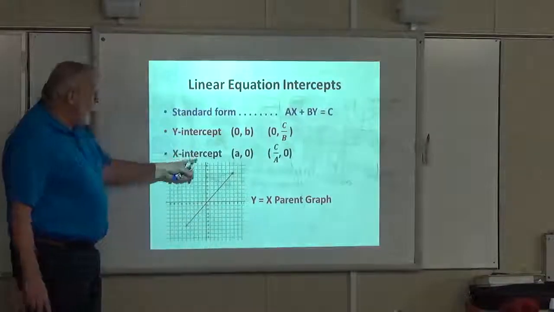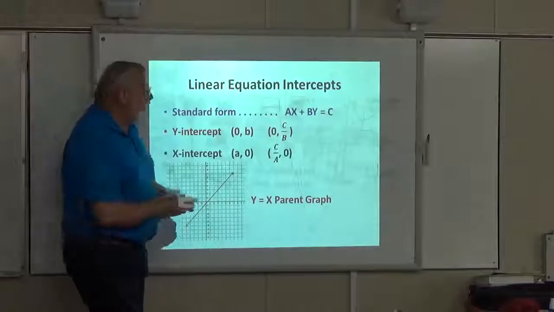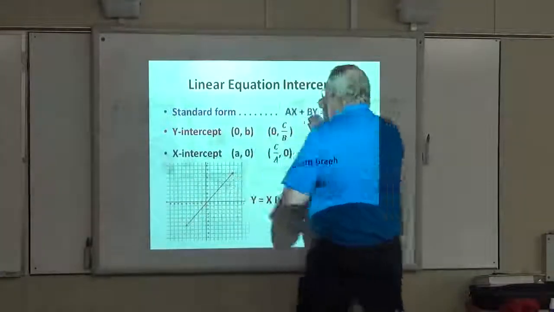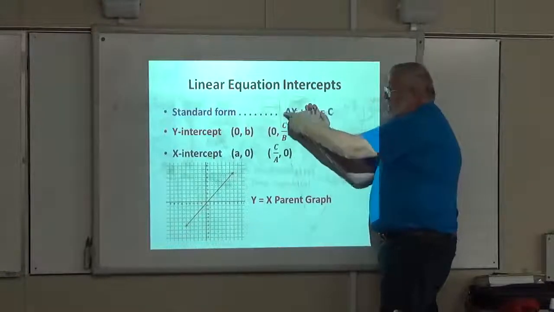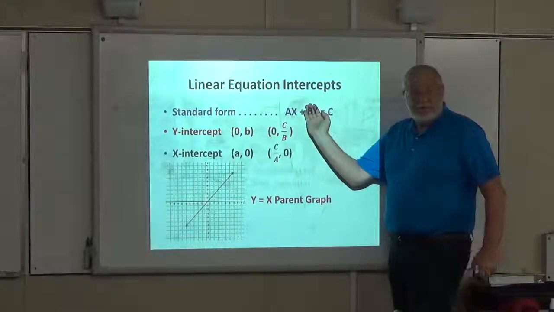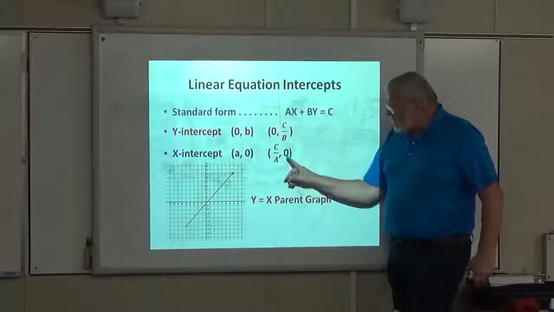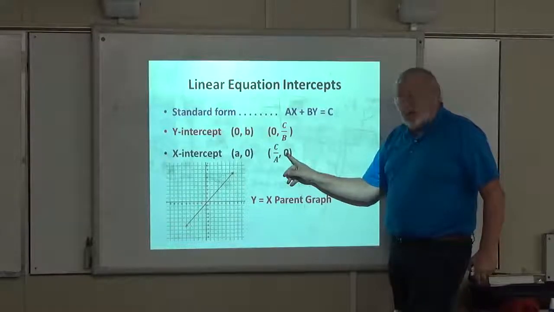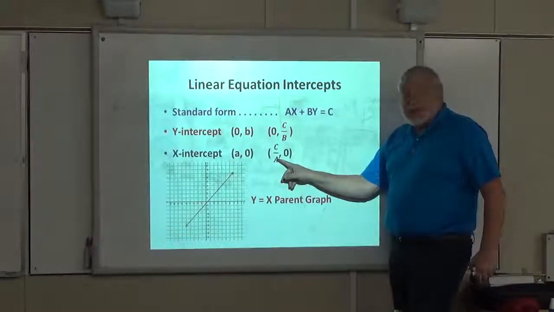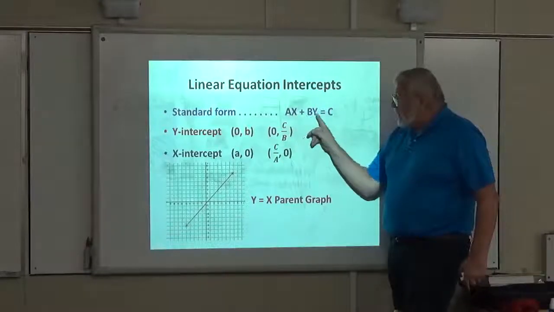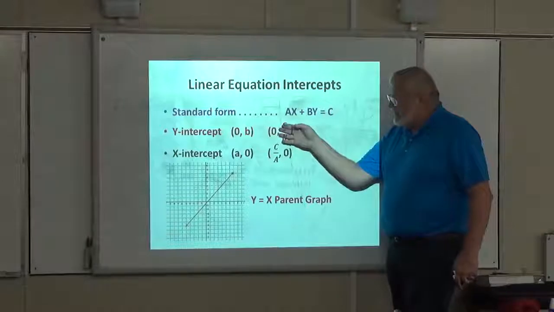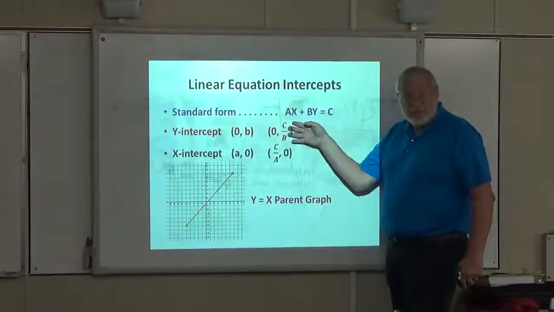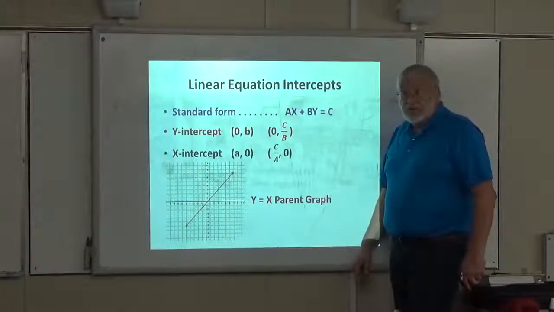Now, the x-intercept is a similar thing. When y is 0, x is going to be c divided by a. So, when y is 0, the value of x is c divided by a, and when x is 0, the y value will be c divided by b. Now, that's not taught, but that's important for linear equations.